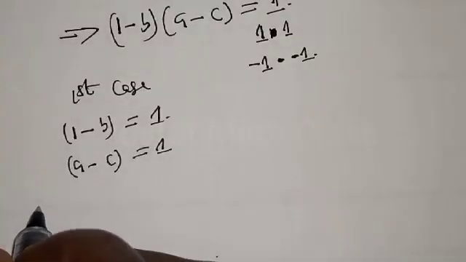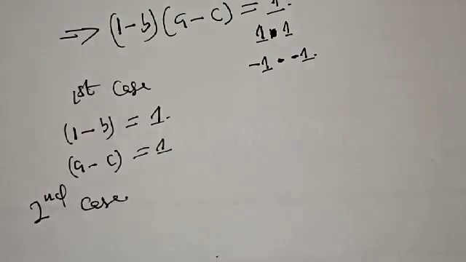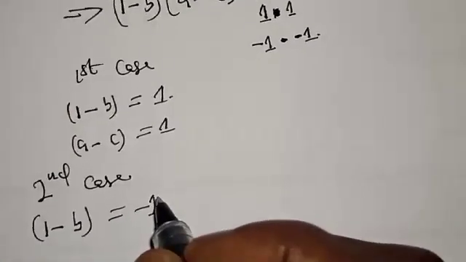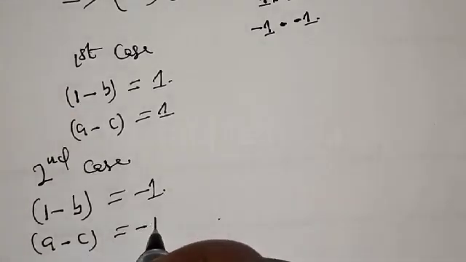Second case, we have 1 minus B equal to minus 1, then A minus C equal to minus 1.